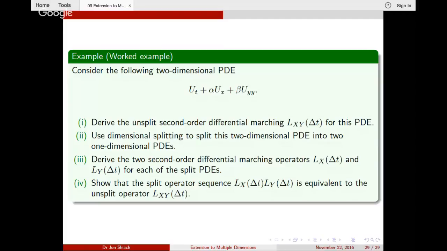There should have just been a bracket around the bracket. That's my unsplit operator. Lots of algebra. But if we do split up this problem by dimensional splitting, we've got to make sure that the product of our 2 split operators is the same as that.